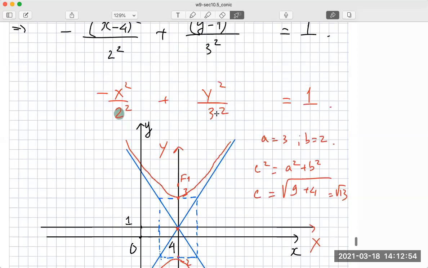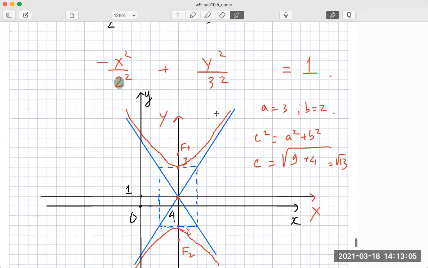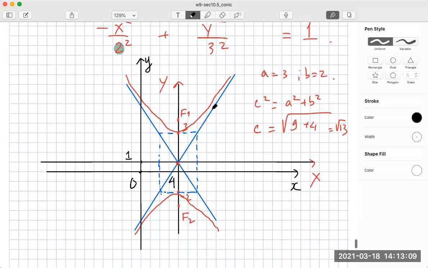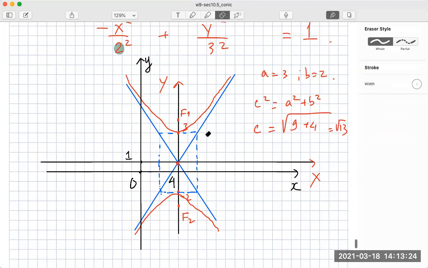Okay? So that is why in our case here, A is 3, right? Let's review the notes. They changed the notation of A and B, but the principle is not changed. And again, the slope of this asymptote here will be, what is it? 3 over 2, right? 3 over 2. This is the slope.